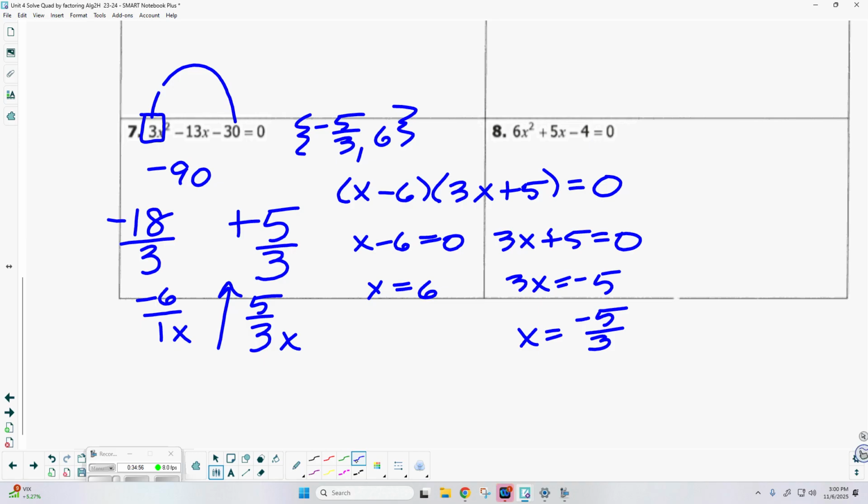All right. Okay, your turn. Solve number 8. Same way. If you don't like the my father method, you could guess and check. There's the box method, grouping, a lot of stuff.